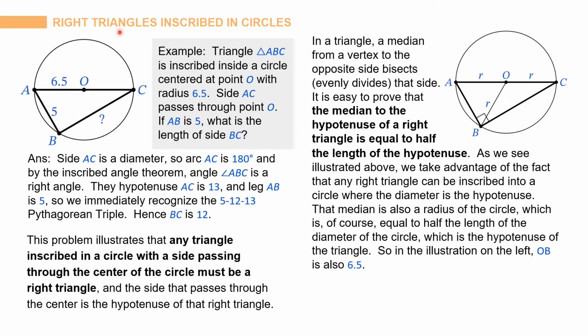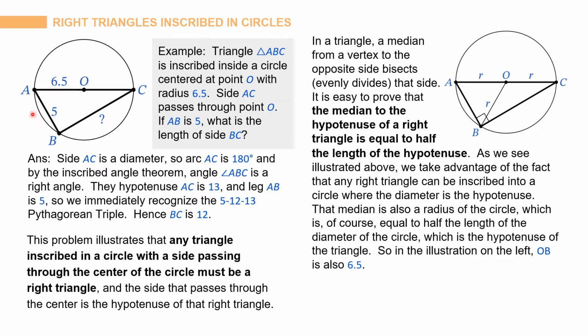Okay, let's consider an example of a right triangle inscribed in a circle. Triangle ABC is inscribed inside a circle centered at point O with radius 6.5. Side AC passes through point O. If AB is 5, what is the length of side BC? Side AC is a diameter because it passes through point O, the center.